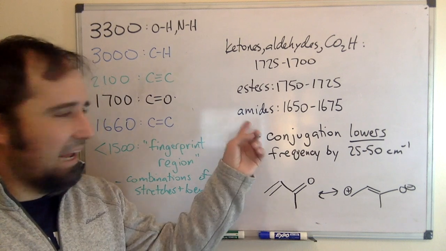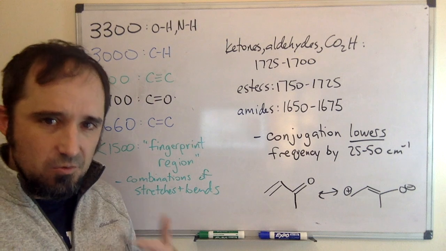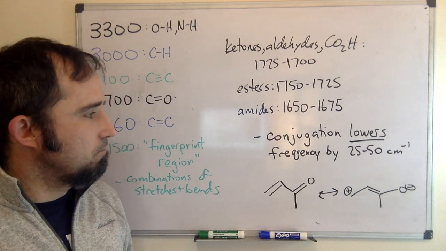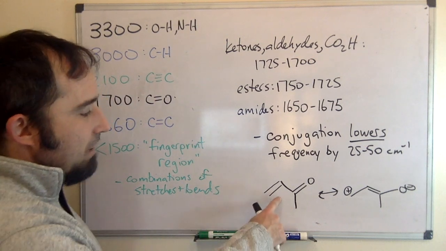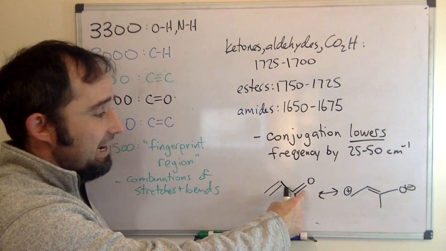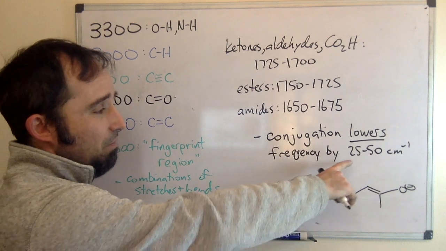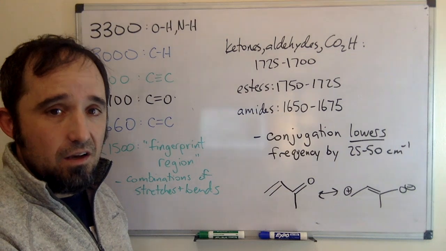Why is that? I think that has to do with resonance stabilization. That lone pair on nitrogen is really pushing into that pi bond. In general, if I have a pi bond conjugated to that CO double bond, I'm going to see the frequency get lower for that ketone by about 25 to 50 wave numbers.